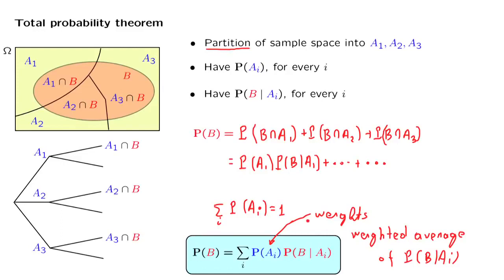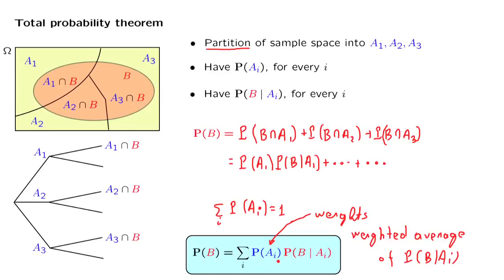In words, the probability that an event occurs is a weighted average of the probability that it has under each possible scenario, where the weights are the probabilities of the different scenarios.